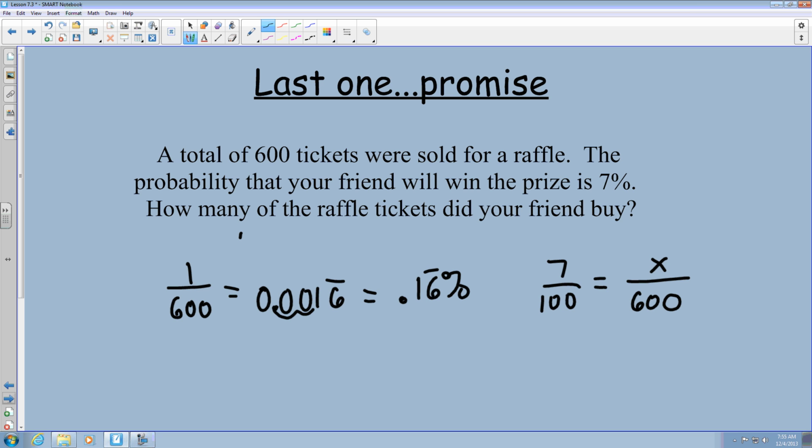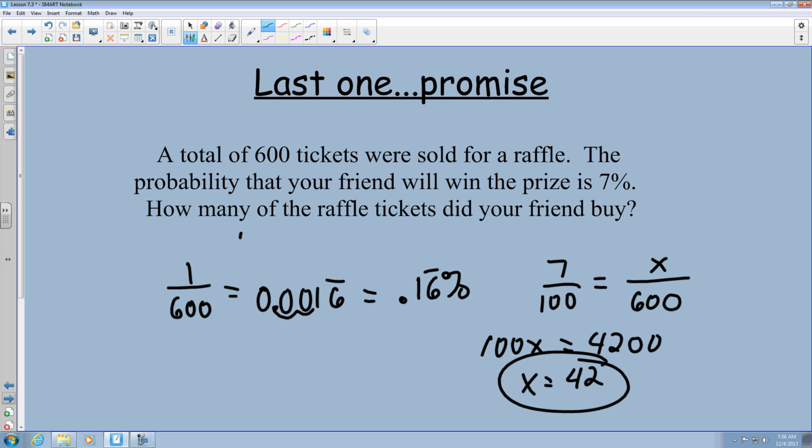If you remember, it's the ratio of that value over 100. So if I cross multiply, I'm going to have 100x equals 600 multiplied by 7, which gives me 4,200. I divide both sides by 100. That means x equals 42. So that means this person would have to buy 42 tickets to have a 7% chance of winning.